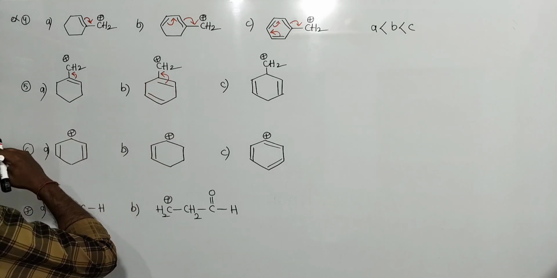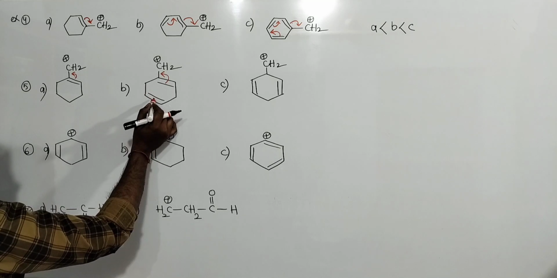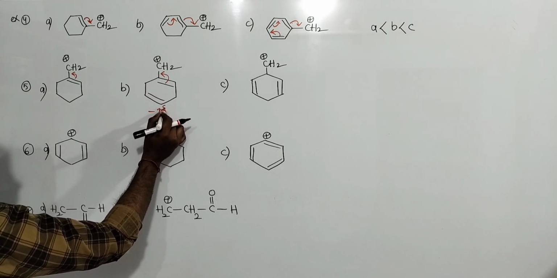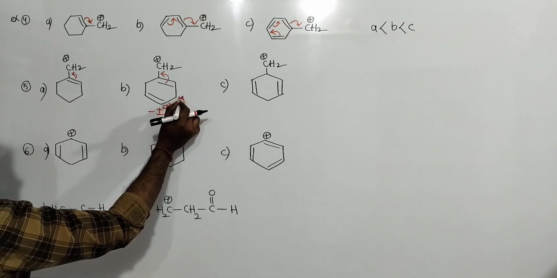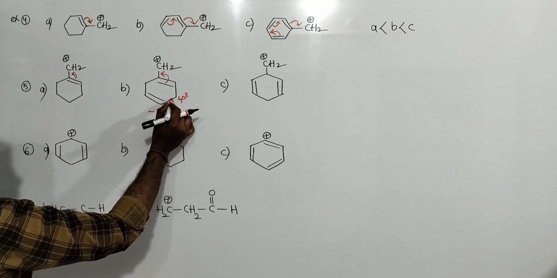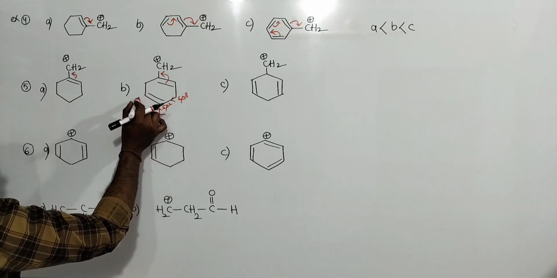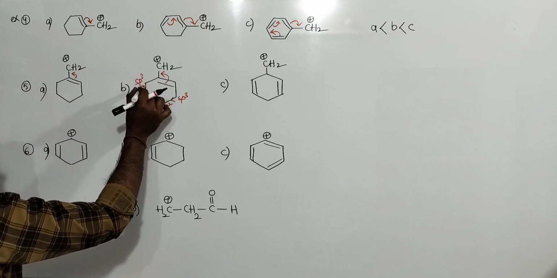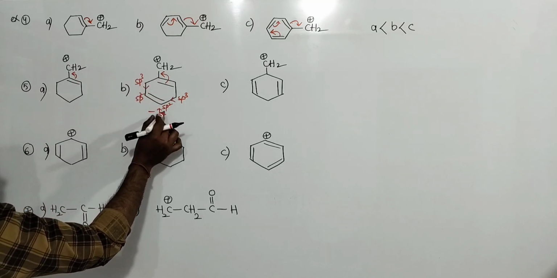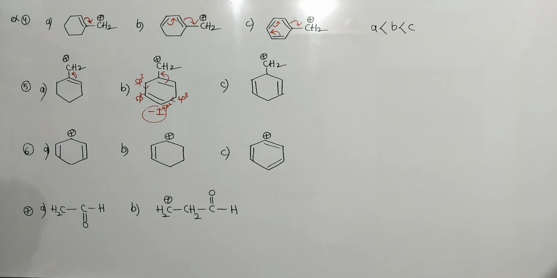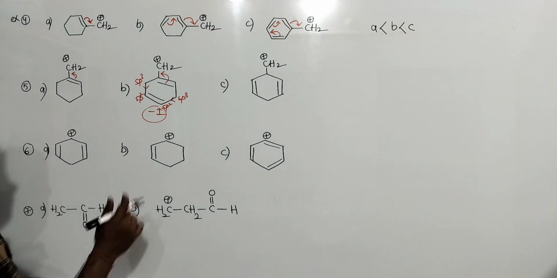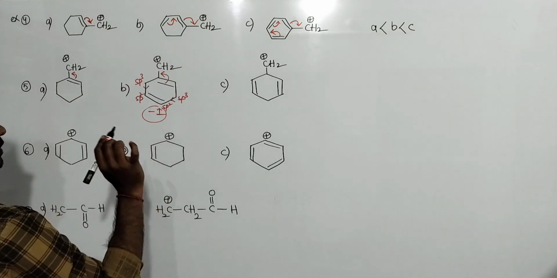Whenever a double bond is not in conjugation, it becomes a minus I group. This is an sp2 carbon, this is an sp3 carbon. From the sp3 carbon, the bond moves like this, so it is a minus I group. Minus I group decreases the stability of the carbocation.